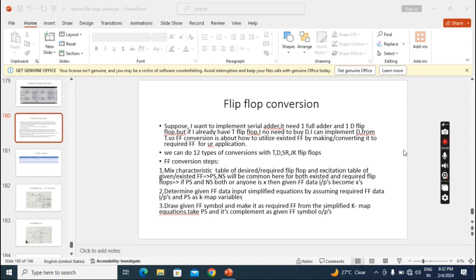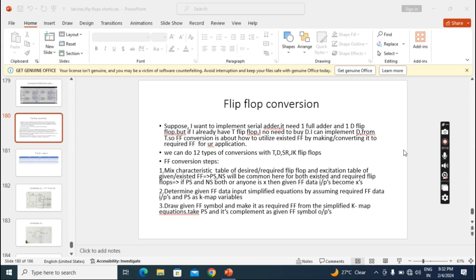Another option is, if I am able to convert or utilize that T flip-flop as a D flip-flop, then I need not buy. This is the second option. Okay. So flip-flop conversion is about how to utilize an existing flip-flop by converting it into the required flip-flop. Okay, that's the intention.